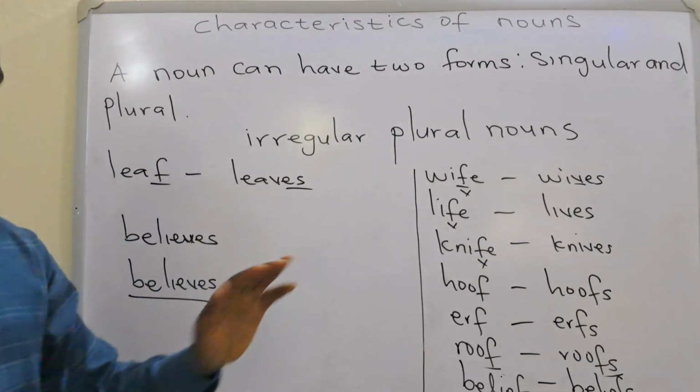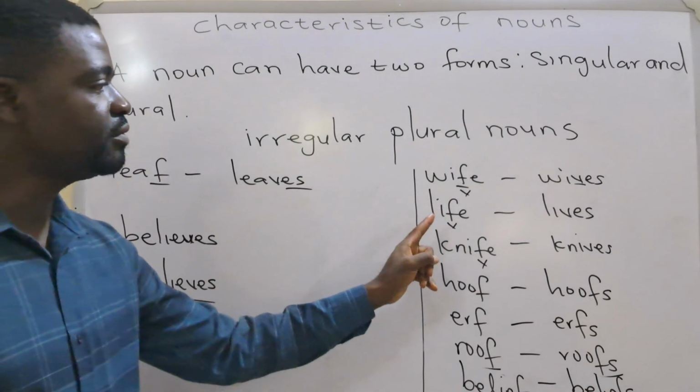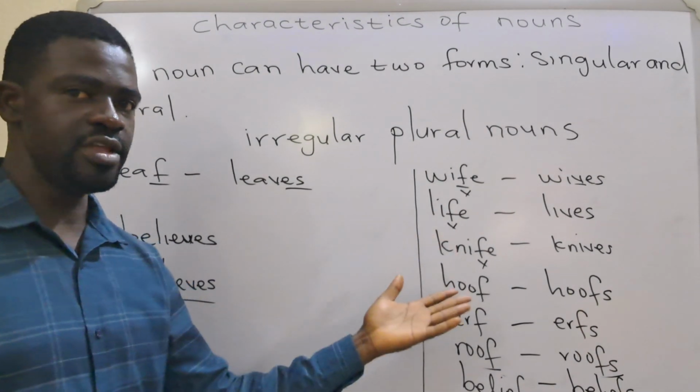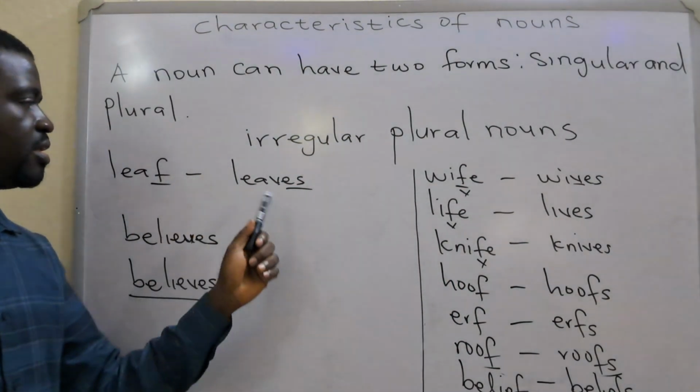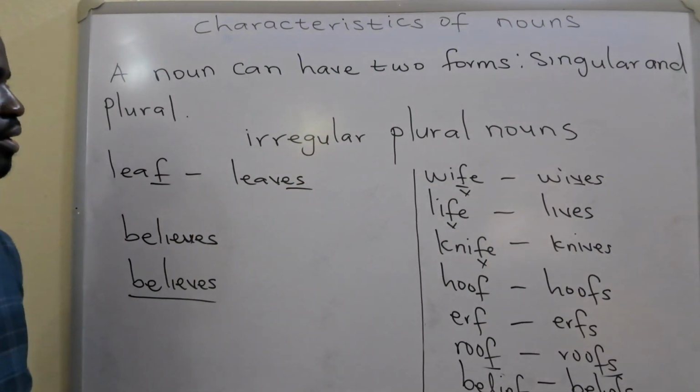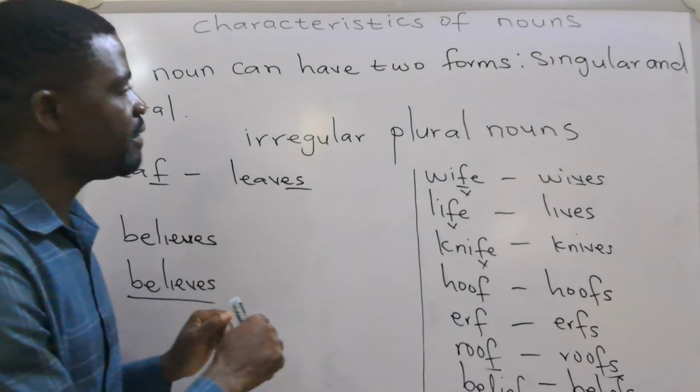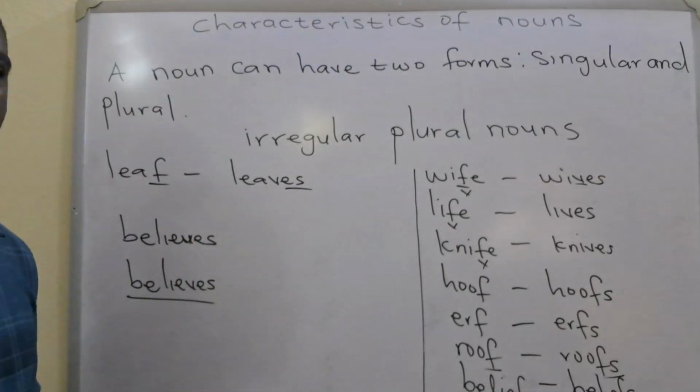Some words might not follow that pattern, so you have to change the F to V. The last F will change to V, and then you add your ES. So these are some of the irregular plural nouns that we have.